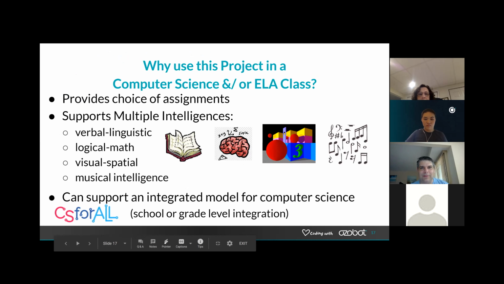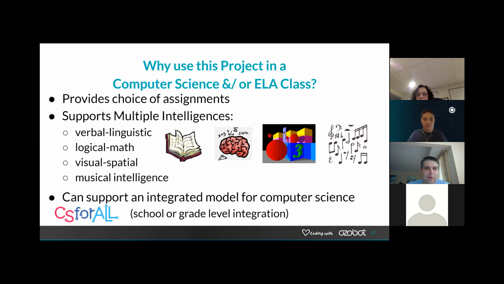All right, why use this project in a computer science or an ELA class? Well, it provides a choice of assignments. There are so many different things that they can do, whatever interests them. It supports multiple intelligences: verbal linguistic, logical mathematical, visual spatial, and musical intelligence. So they have a lot of options, and they can go and do that part of the project.